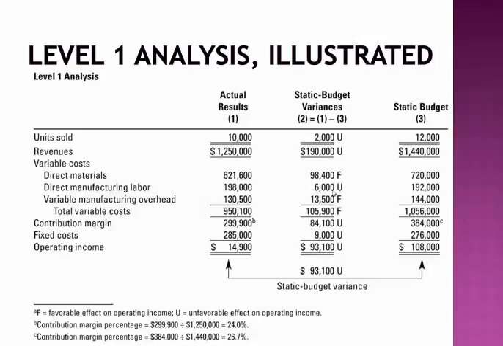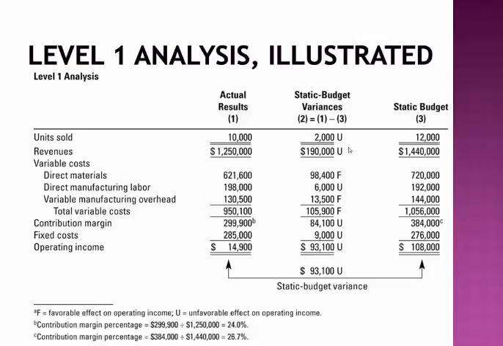It's $6,000 difference. The actual is more expensive than the 192, so it's unfavorable. 144 versus 130,500. This one, the 130,500 is less than that by 13,500. It is less than. This is cheaper, therefore it's favorable.